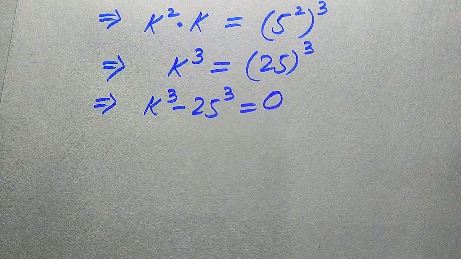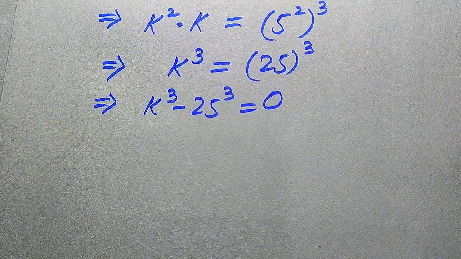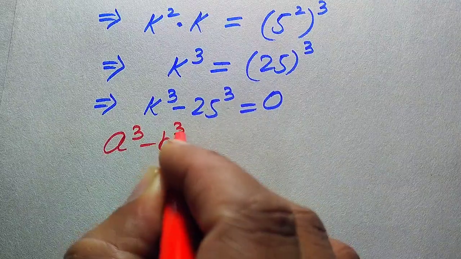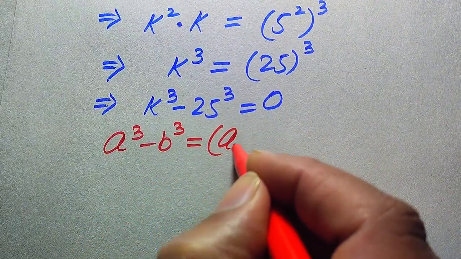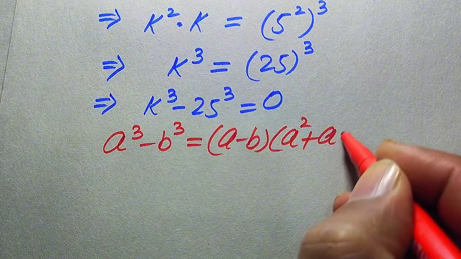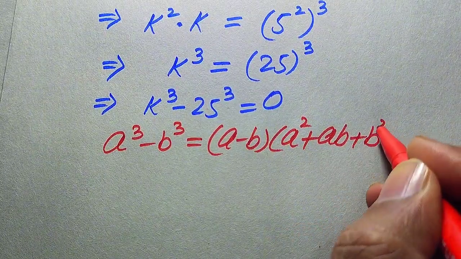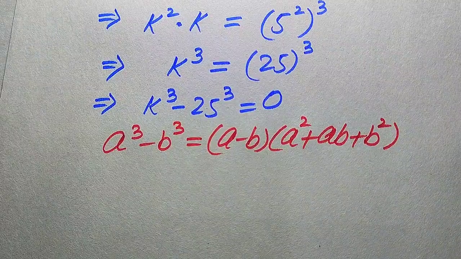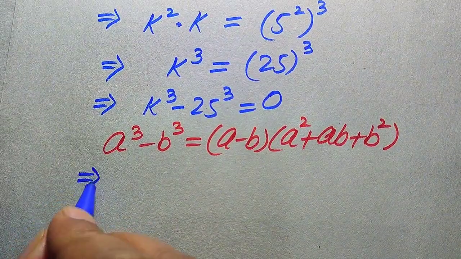And now you see here, this becomes a nice cubic formula. You know that a cubed minus b cubed equals a minus b times a square plus ab plus b square. So according to this cubic formula, we write our above equation in this form.